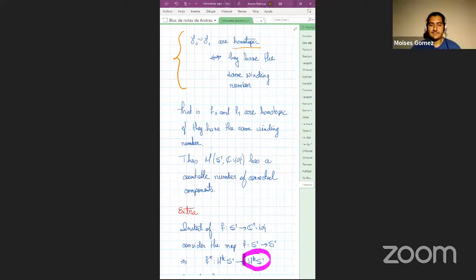I'm waiting for one of you to stop me. For k equals 0, what does it say? R. That's correct. For k equals 0 it is R. For k equals 1? It was R times R? No, for k equals 1 it is not R times R. It's not R2.